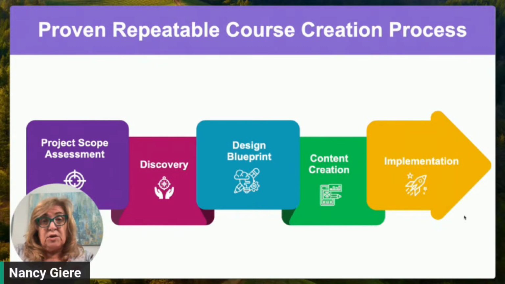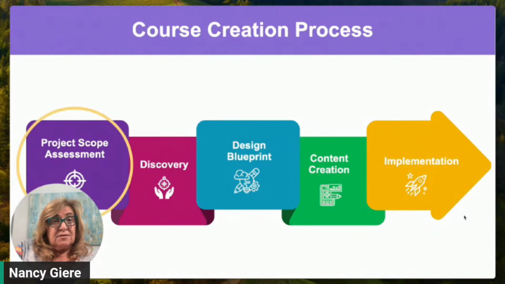Then we do a design blueprint, which is what we are going to teach and how we're going to teach it. And that lays the groundwork to create the content. And once the content is created, then we move into implementation. So let's look at each of these phases. We'll start with the project scope assessment, because that's the first box.